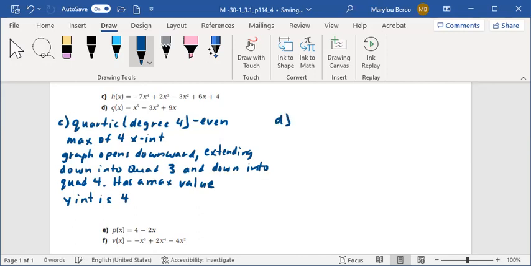For D, the function q of x equals x to the fifth minus 3x squared plus 5x is called a quintic.